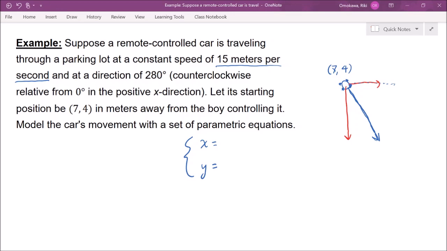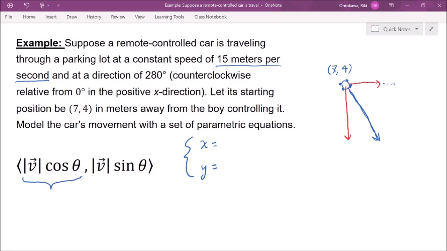So how do we know? Well, remember this formula here, and remember what this formula is. This formula is how you take a vector, given the magnitude and the direction, and break it down into component form, right? As in, this is the horizontal component of the vector, and this is the vertical component of the vector.